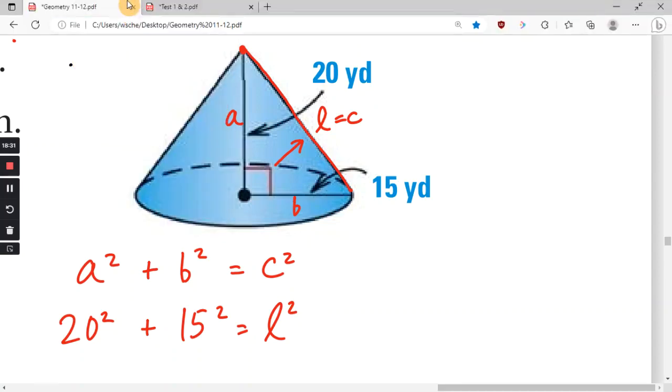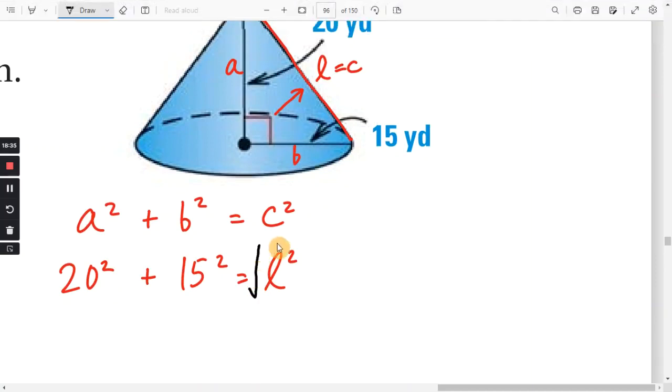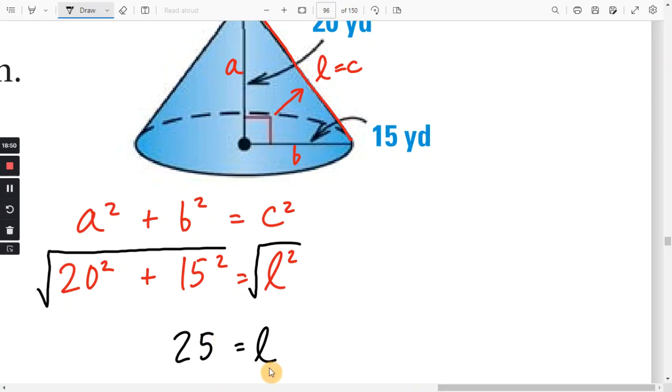Opposite of squaring something is to take the square root. So I'm going to take the square root of L squared and the square root of this mess right here and use the calculator. Square root of L squared is just L. And this mess right here is just 25. Nice round number. So they asked us for the lateral area in number 3.